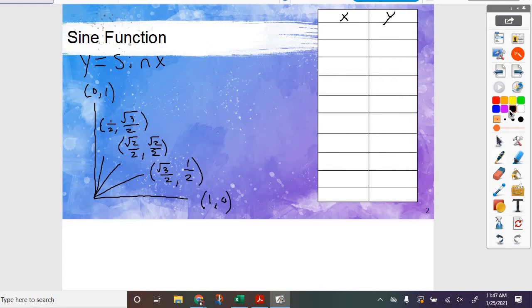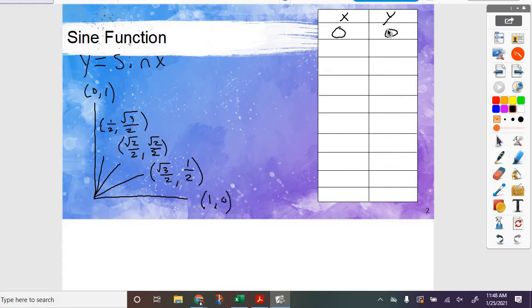So we're going to start with 0. So sine of 0 is what? So this would be my 0. I'm looking at my y values. I get 0. So that's my output. So then what's my next angle? 30. In radians.